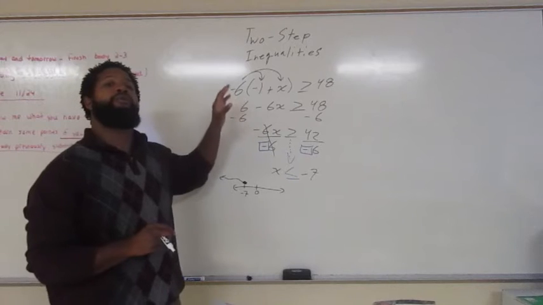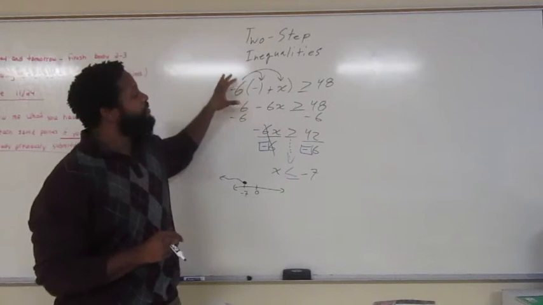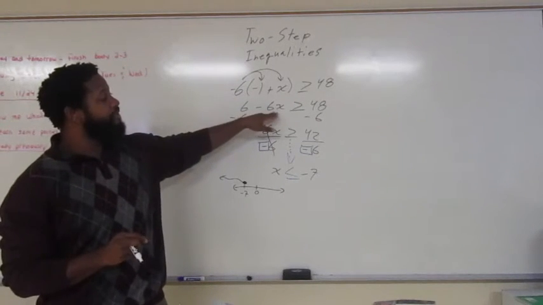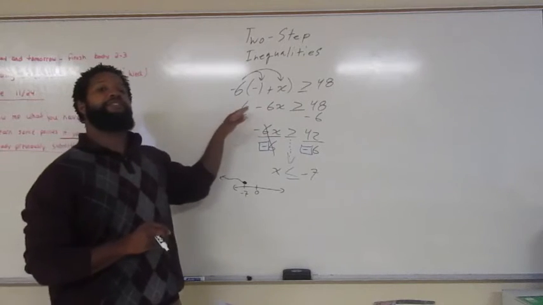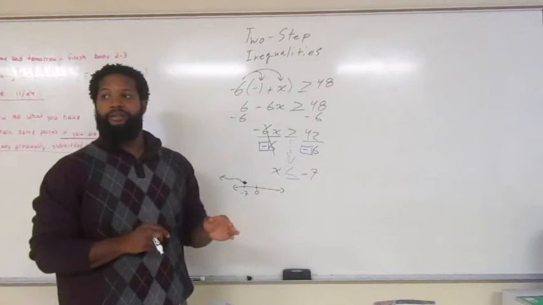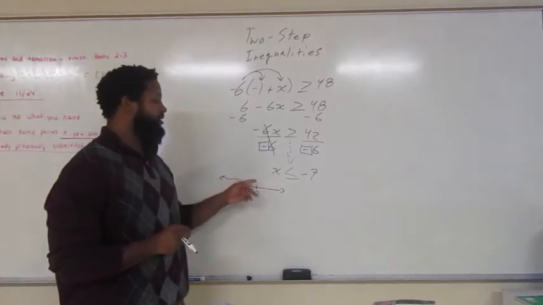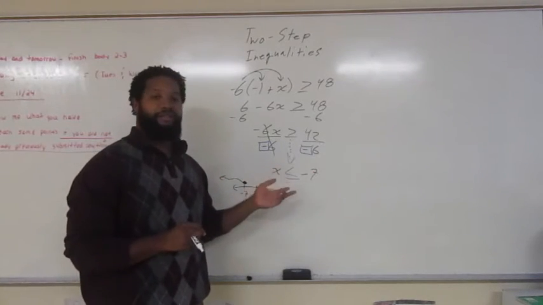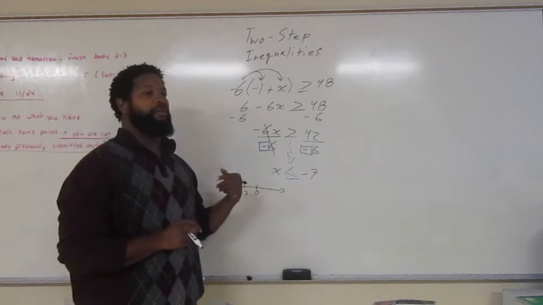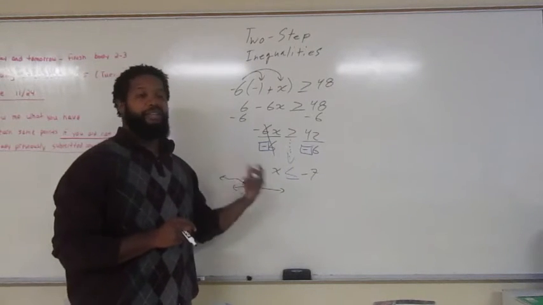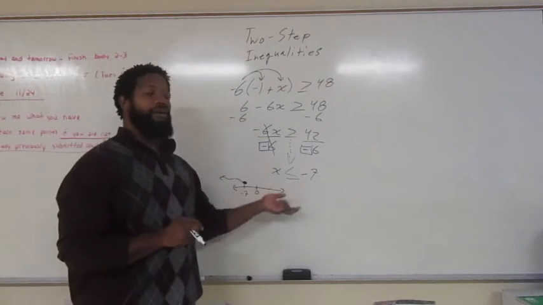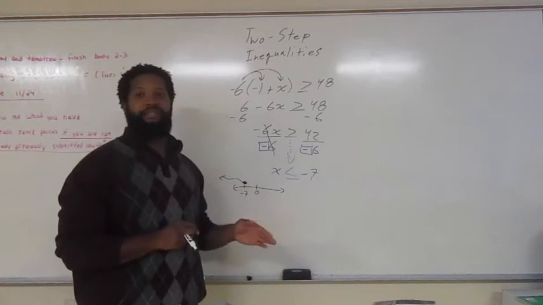Because you want to read your variable from left to right. So you want to say x is greater than or equal to, less than, or less than or equal to whatever number. That's how you want to read this, okay?